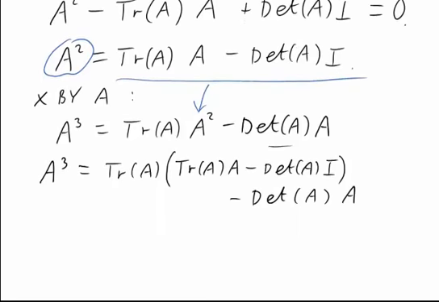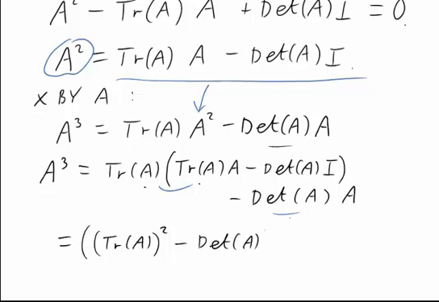We could reorganize that by expanding the brackets and looking at the coefficient of A, and there are two coefficients of A. There's one here and also one here, so that's equal to the trace of A now squared because of the double factor here, and this other part gives minus the det of A, and that's all multiplied by A, and the remaining term is this one here, which when we multiply out the brackets gives trace times det, so minus trace of A det of A times the 2 by 2 identity matrix.